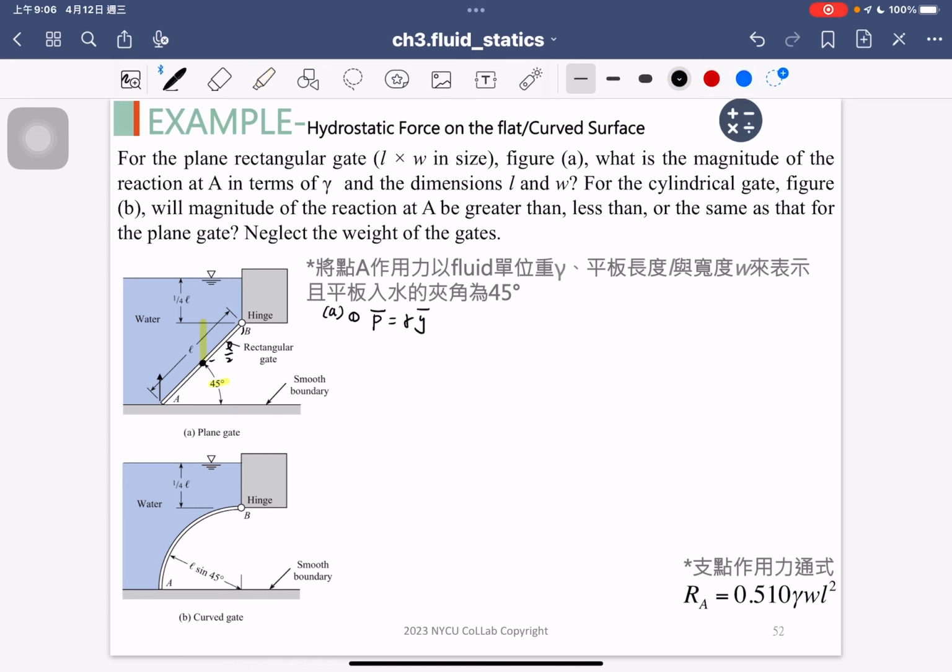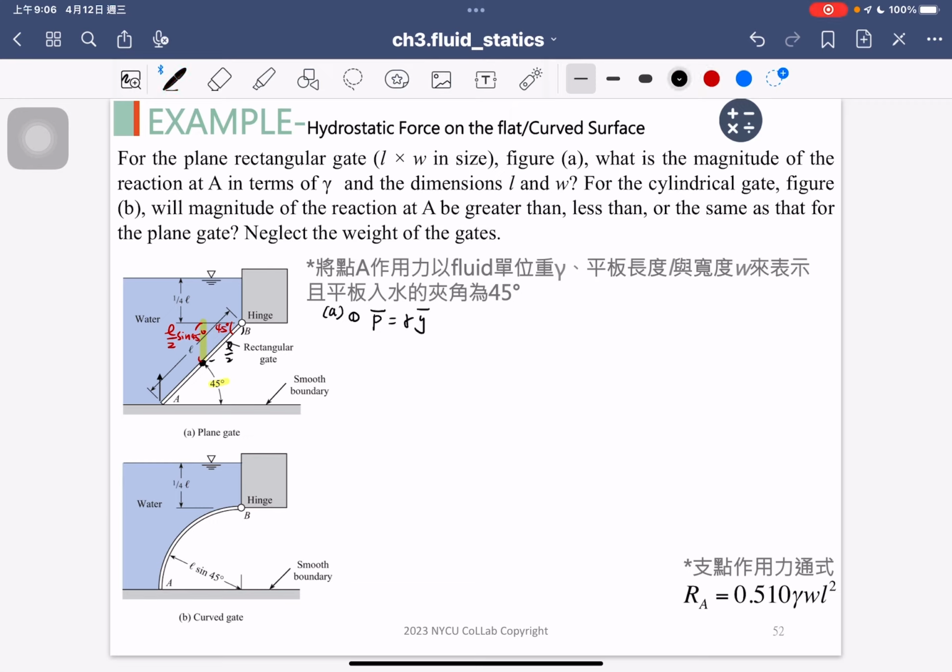So we know that the length here is L over 2, and there is also the 45 degree angle, so you have sine 45 degrees here. So the length along the vertical line here is L over 2 times sine 45 degrees.